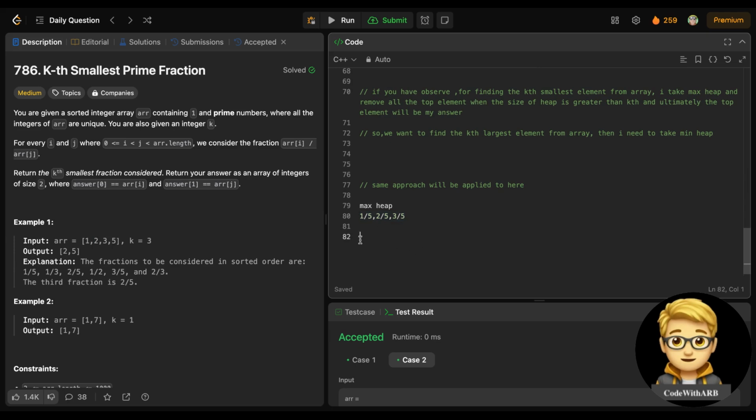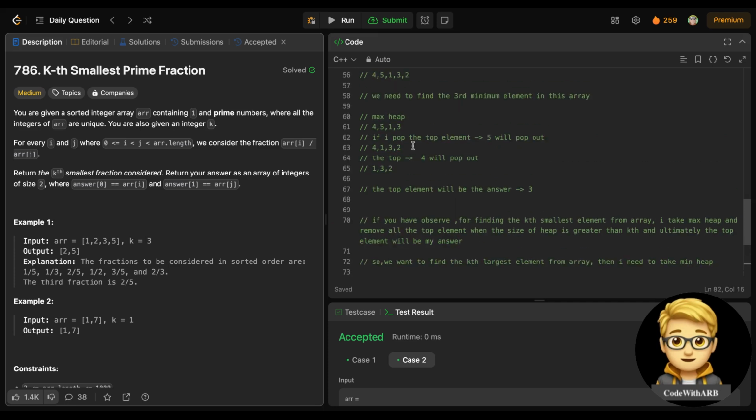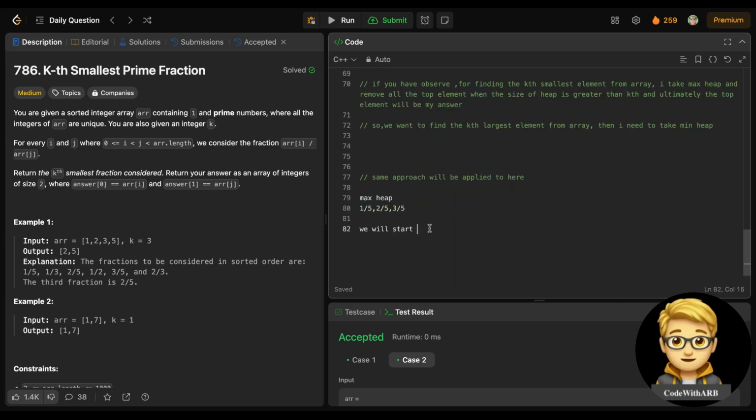and then what we will do is start decrementing k along with this, start iterating on the heap, pop the top element, and insert the current first element, that is 1 by 4, right?